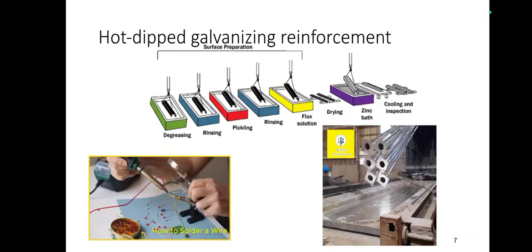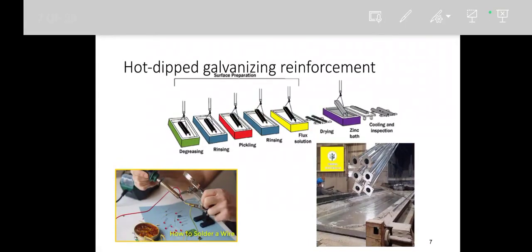Instead of that, if you do it as a process in an industry, first we have to clean the surface of the steel rod or the electrical pole by degreasing. Initially, if any grease material is there, you have to degrease it, and then go for rinsing to remove the material used for degreasing.